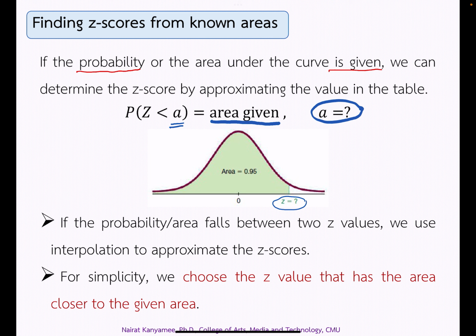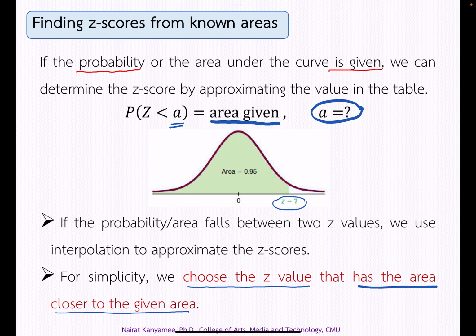So for a given area, we will choose the z value that has the area closest to the given area. We just need to approximate it. So you look up in the table and see which probability is close to the area given. Then you use that probability and go look back for the z-score.